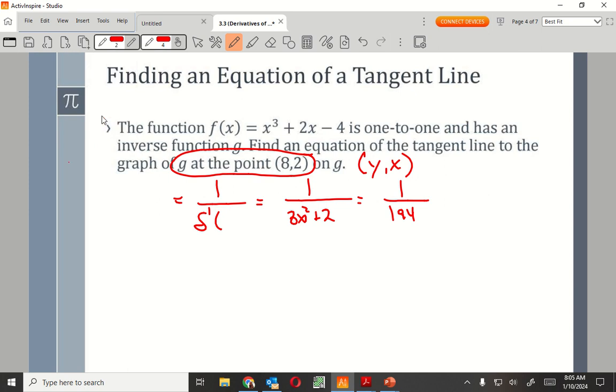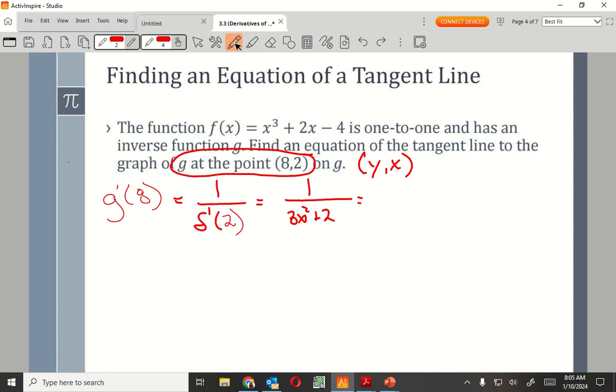There we go. Okay. So this is backwards. So this should be a 2 over here. And this was G prime of 8. So when I plug this in correctly, you'll see this right here.